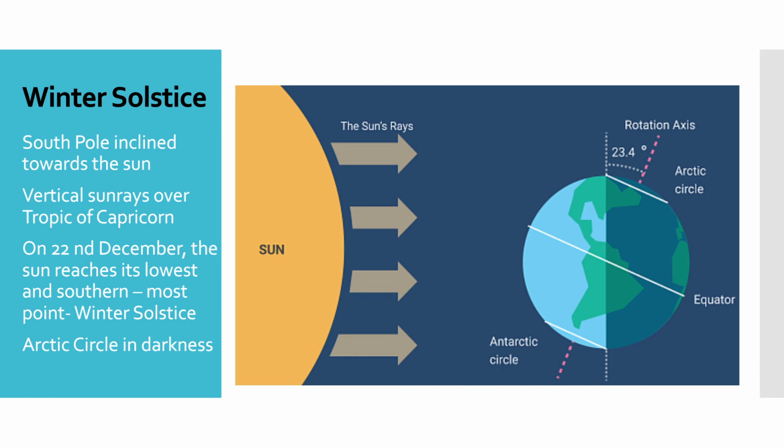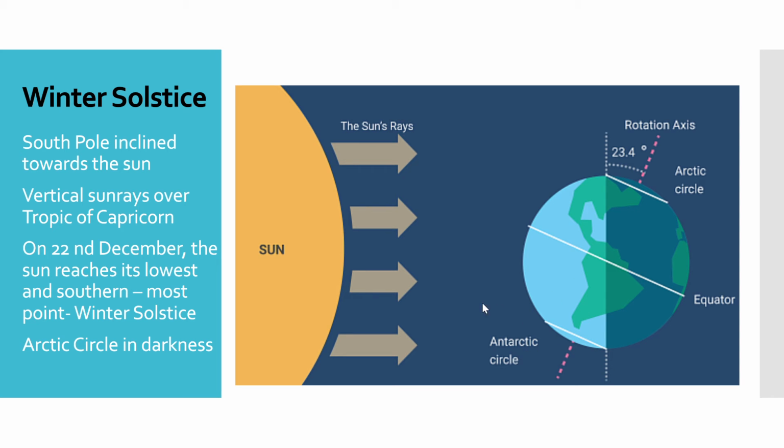Next is winter solstice. Now, as the earth revolves, it has changed its position. Now, in the winter solstice, what happens is the northern hemisphere is far away and the southern hemisphere is inclined towards the sun.